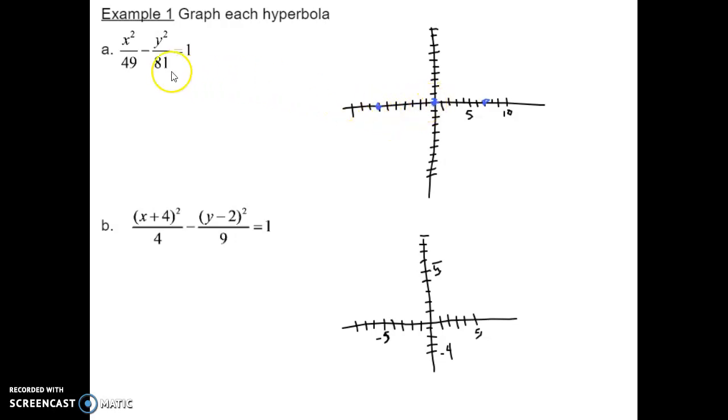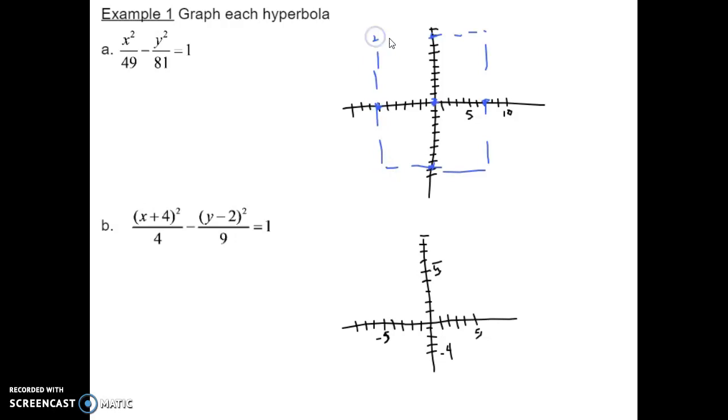And then I'm going to go up and down 9. I wish I would have labeled this, but I think that's 10 units up, 10 units down. So here's 9 down from the center, 9 up, 9 down. That helps me create this rectangle that's going to give me a guide to help me graph my hyperbola.